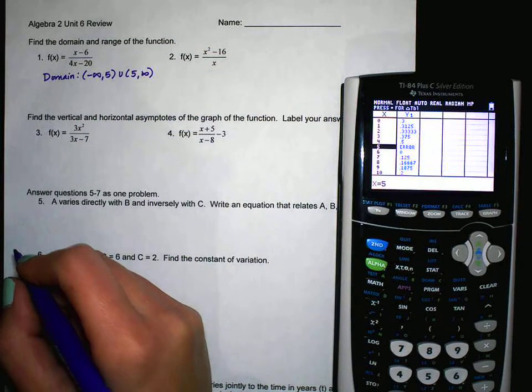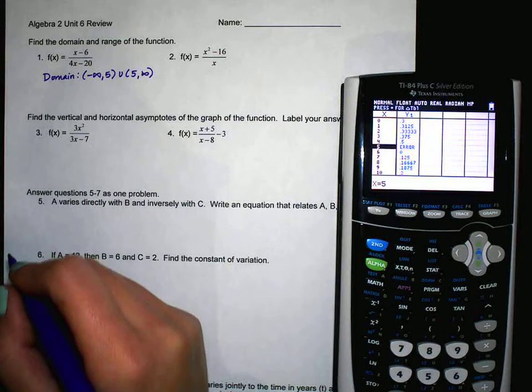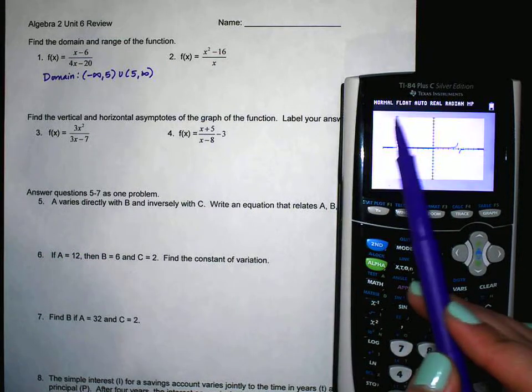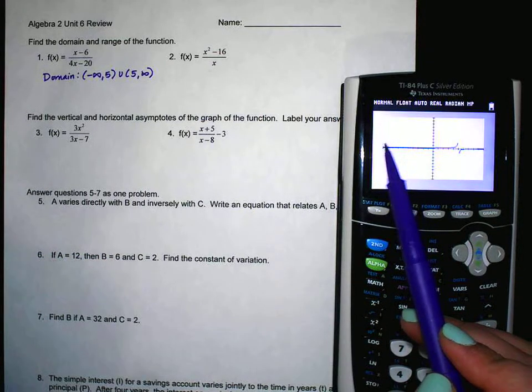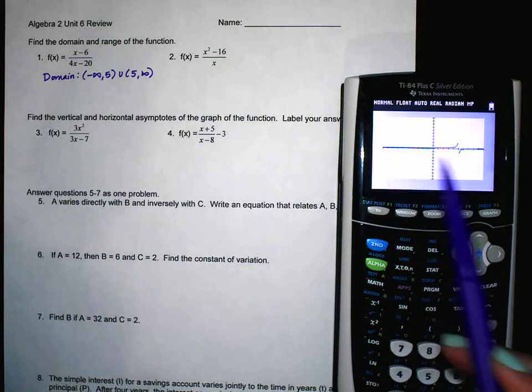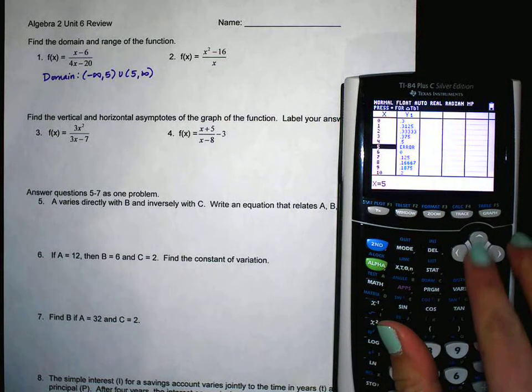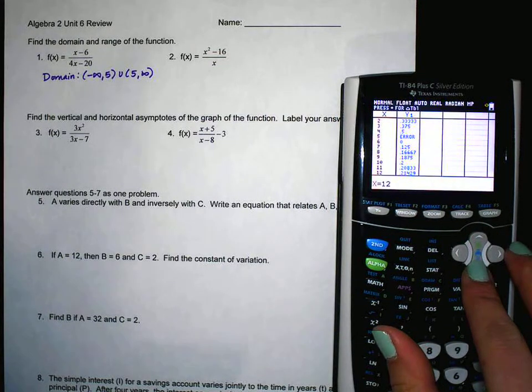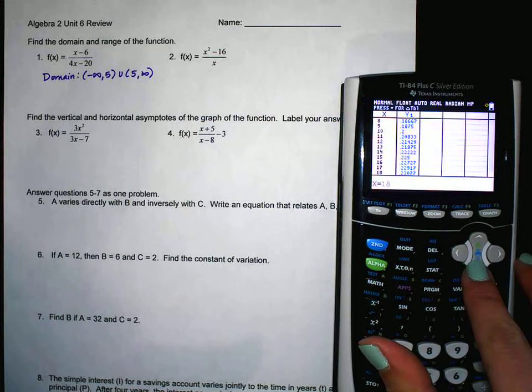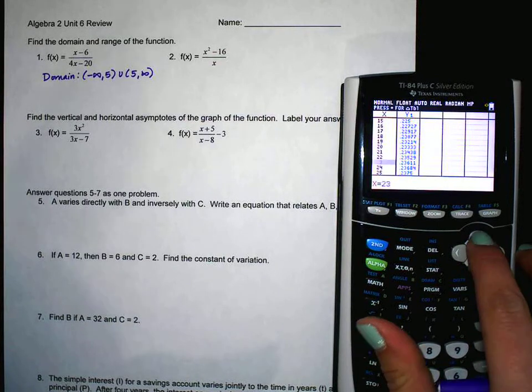Okay? And with my range, I'm going to take a look at my graph here. So notice, it actually doesn't go through a certain horizontal asymptote. Let's look at my table again. If I keep on going to really large x values, it's getting closer to a certain value, and it looks like 5.